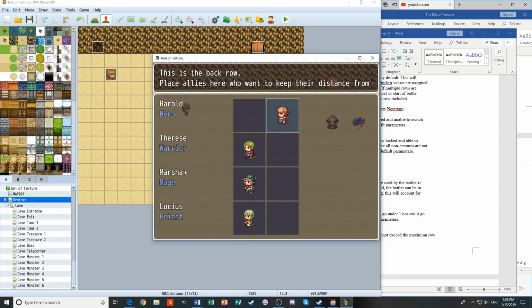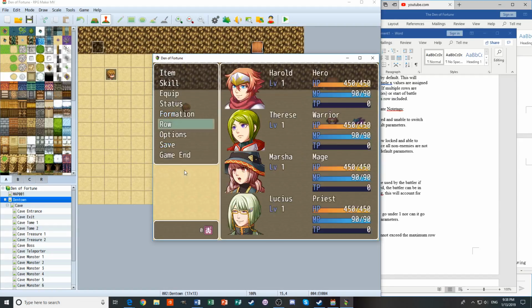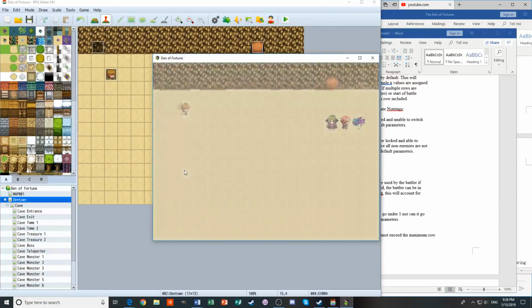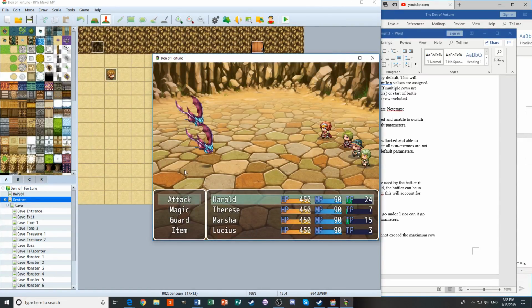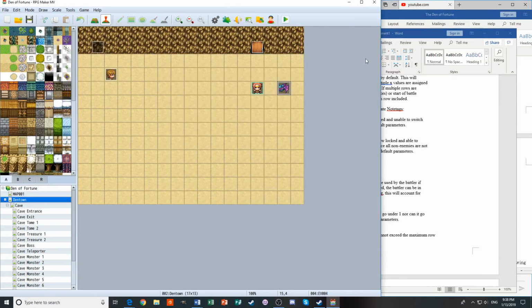Yes. Okay. Also, if you put everybody in the back row, what happens? Everybody's in the back row. Excellent. Okay.